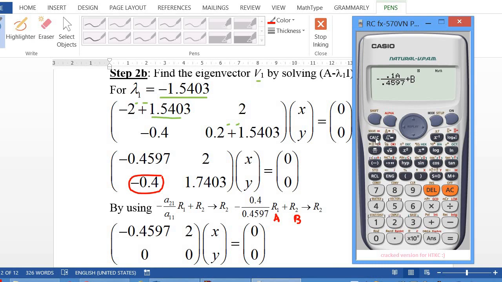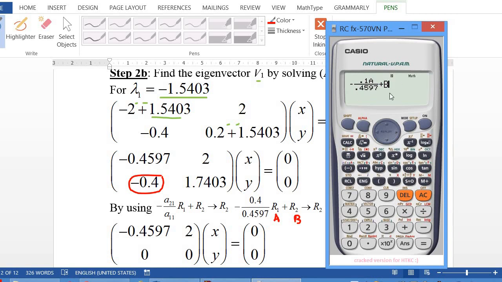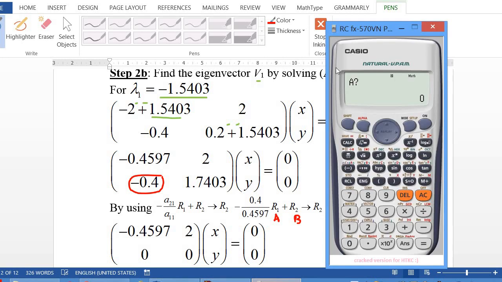This means we are going to calculate the formula in the scientific calculator. Then I calculate. When it asks for A, enter the exact value in the first column.